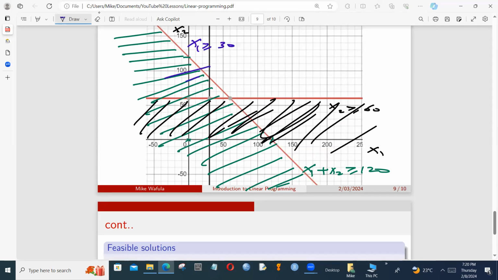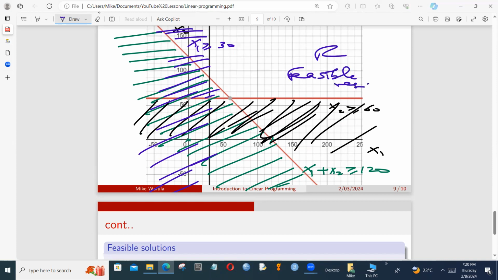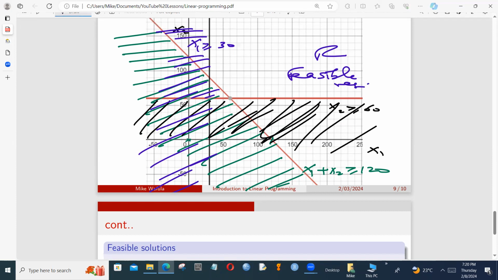That means the left-hand side of the line is unwanted. And so we have that. This is now the required region, or rather the feasible region, which appears open-ended. And so we again identify the corner points in this region.